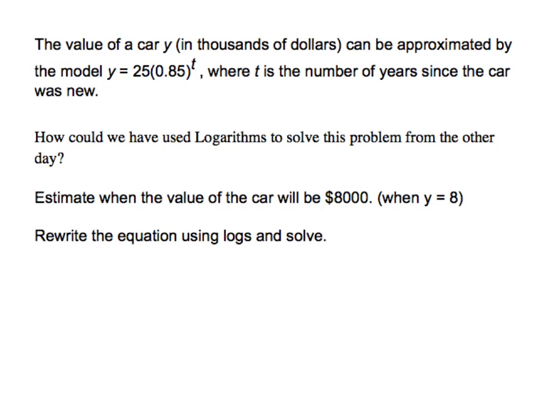It says the value of a car in thousands of dollars can be approximated by the model y equals 25 times 0.85 to the t, where t is how many years it is since the car was new. We did this problem and looked at a graph with it the other day, so we're going to look at a different way that we could solve this rather than having to graph it and move our cursor up and down that graph.